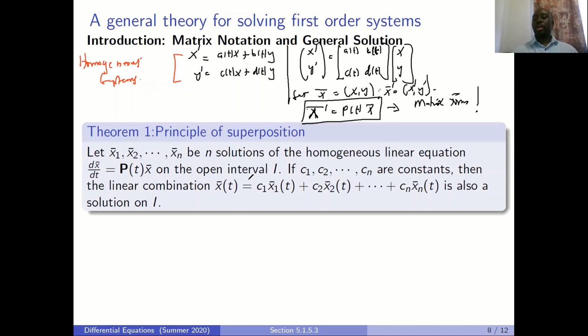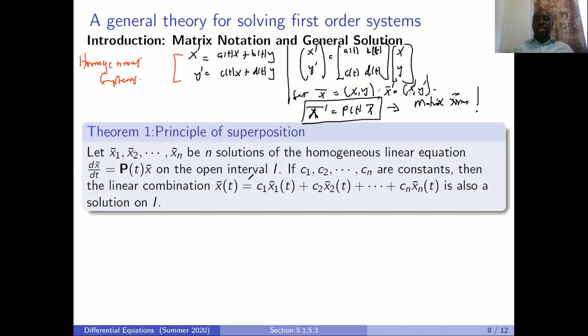What we're trying to get at is how do we write down the general solution to a system of equations? If you think back to when we started talking about second order differential equations, we were able to write down the general solution by thinking about it as a vector space.